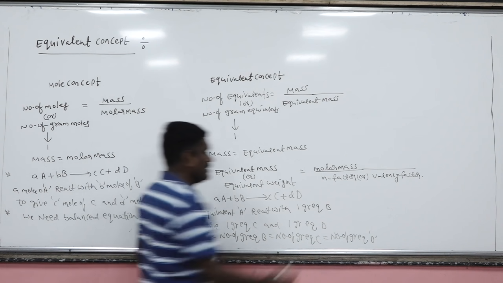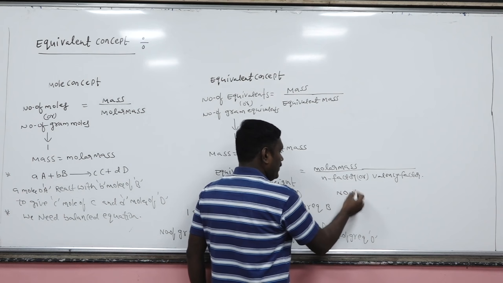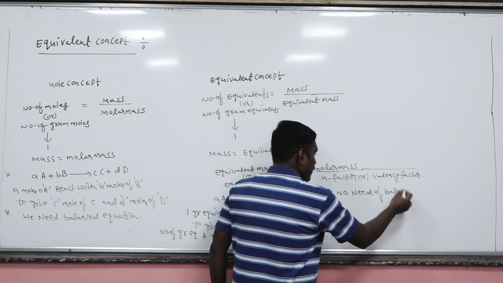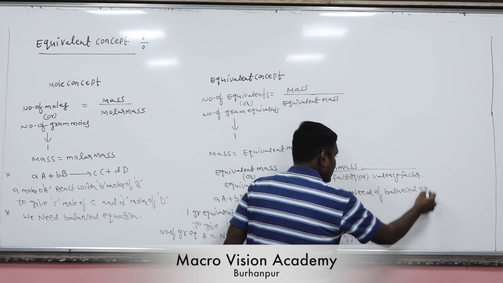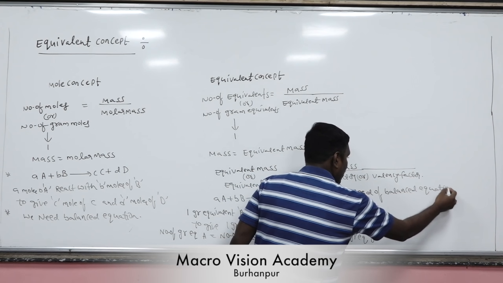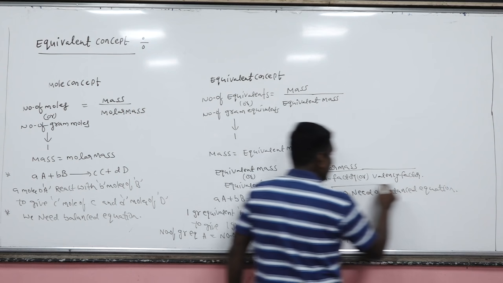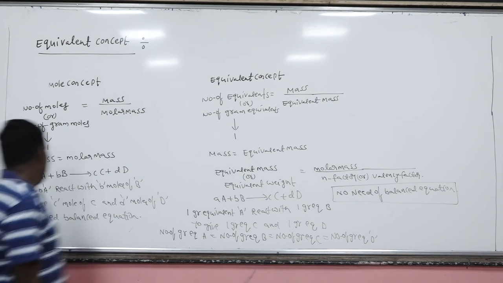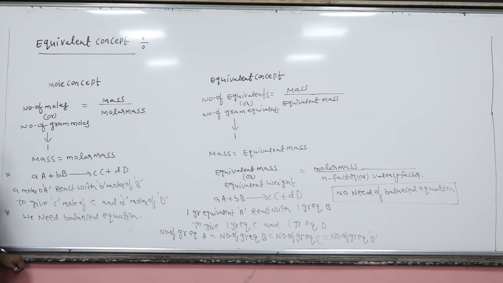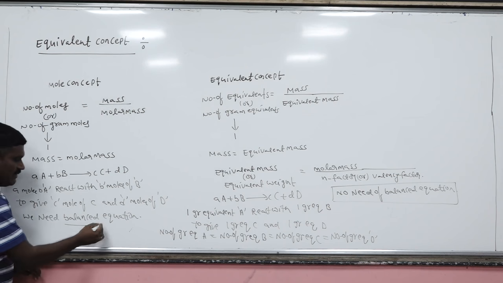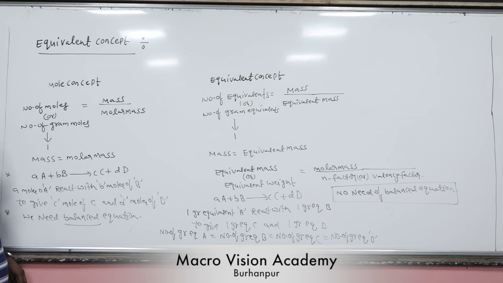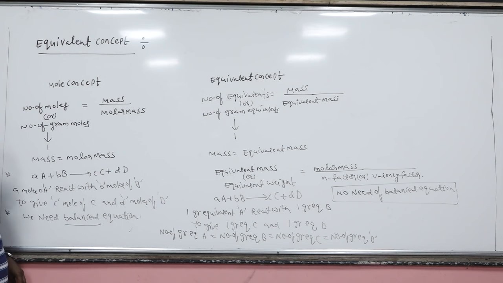In this, there is no need of a balanced equation. This is very important. Suppose the reaction is not balanced; according to the mole concept, if we want to solve the numerical, we must balance the equation first of all, then calculate the number of moles of the corresponding reactants or products.